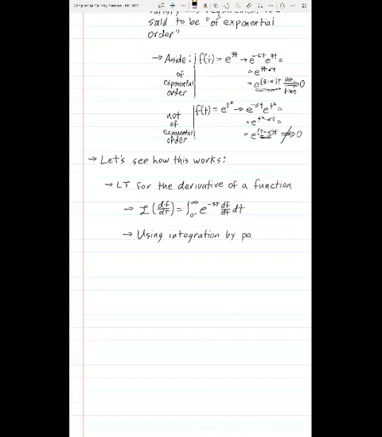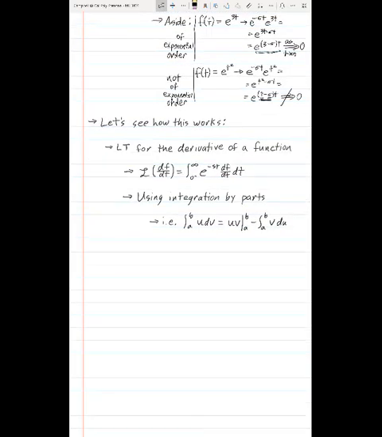As a little reminder, integration by parts is the integral from a to b of u dv equals uv evaluated from that very same a to b, minus the integral from a to b of v du.